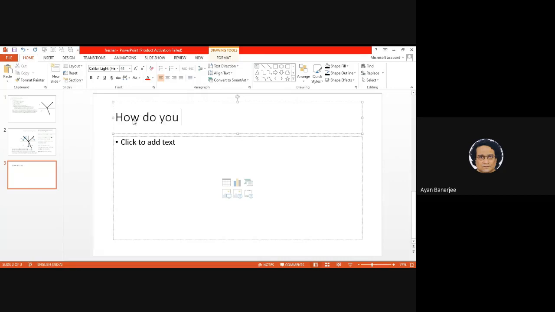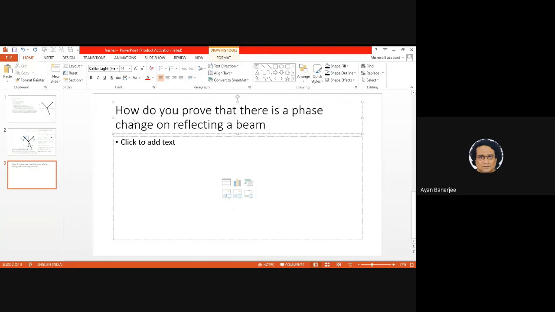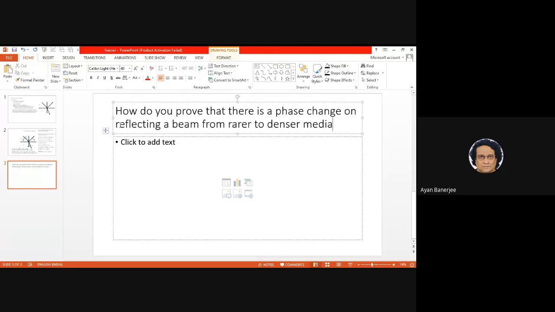How do you prove that there is a phase change when reflecting a beam from rarer to denser media? It will not come out through intensity experiments. Is that clear?